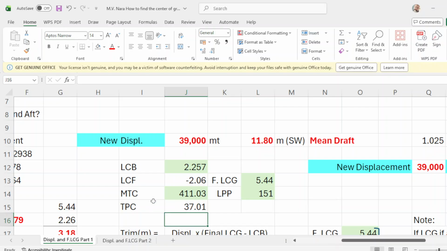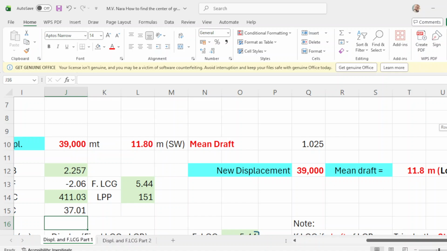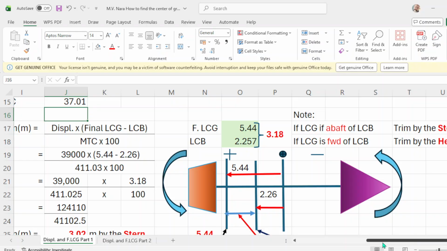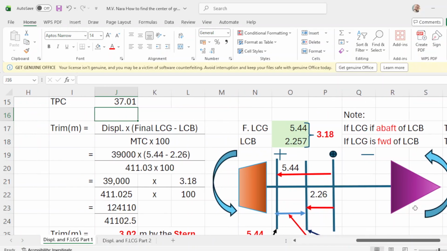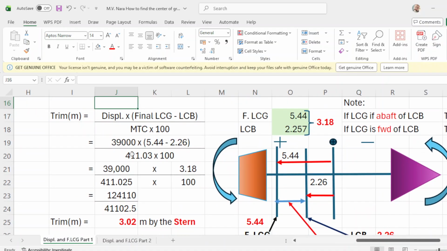So we proceed here. Displacement is 39,000 and your new draft would be 11.80. Then you compute the trim of the vessel, the new trim. The formula for trim is displacement times final LCG minus LCB over MTC times 100.